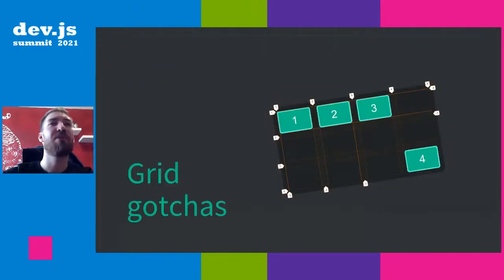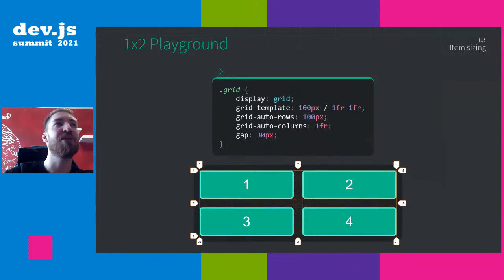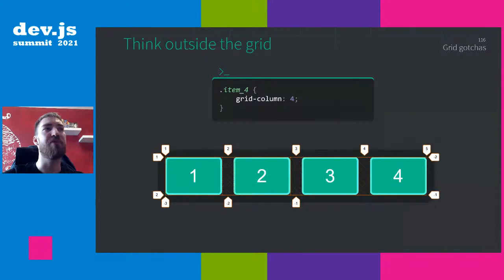So we can now talk about some things that might seem different, strange, difficult when you start working with grids. So let's start with creating some grid playground. So here we create a single row and two columns. And now I say that I want to place item number 4 in column number 4.